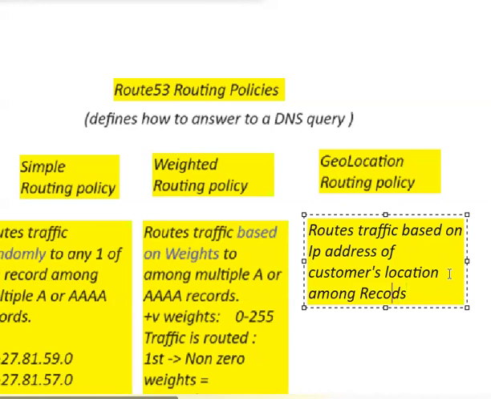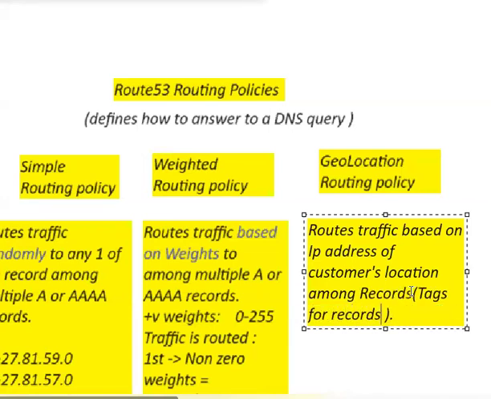Here, in order to identify the records which are available in a particular location, continent or country, we use tags for records. So let us highlight the point here: in geolocation routing, the routing happens based on the IP address of your customer, among your records.